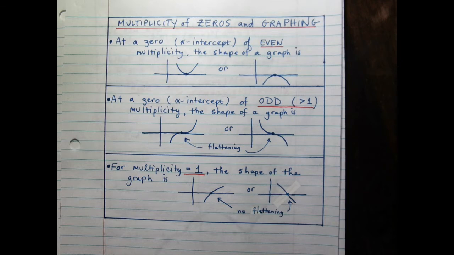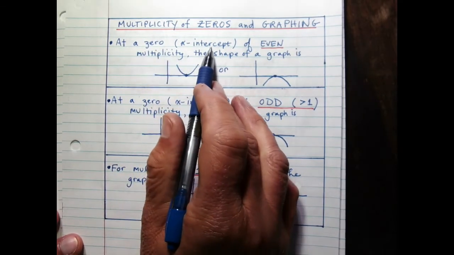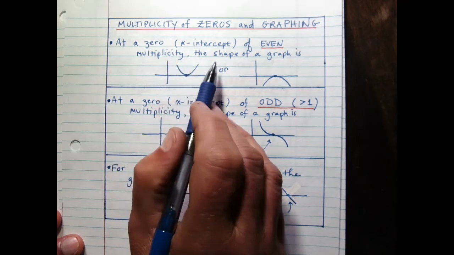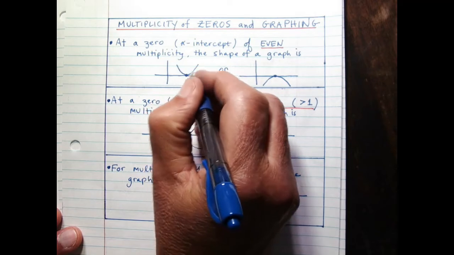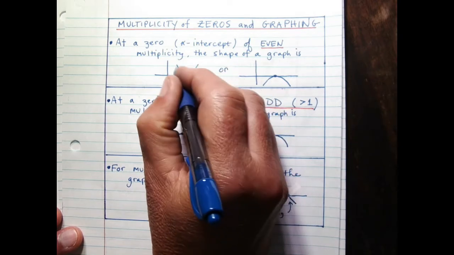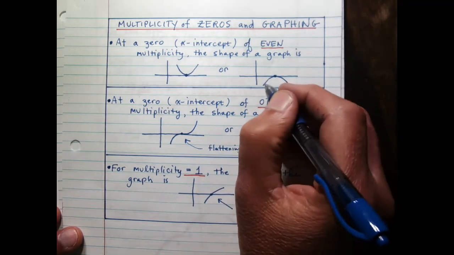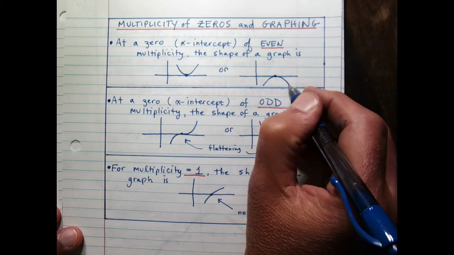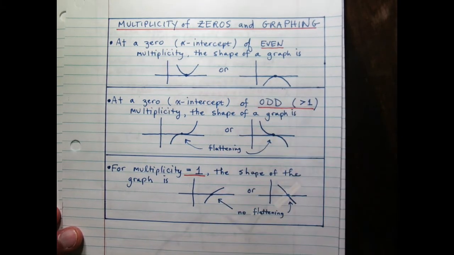The multiplicity of zeros in graphing: at a zero, like an x-intercept, of even multiplicity, the shape of the graph is going to be either shaped like y equals x^2, or the opposite of that, like minus x^2, if the function might be negative on both sides of that.